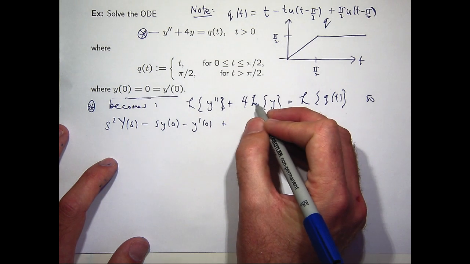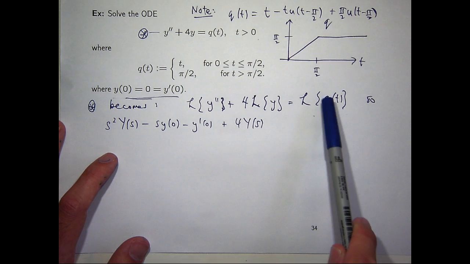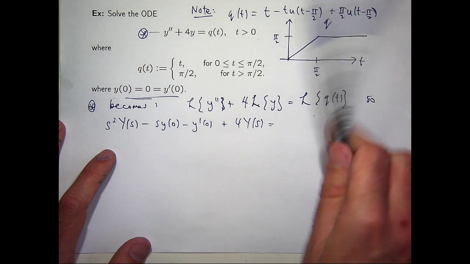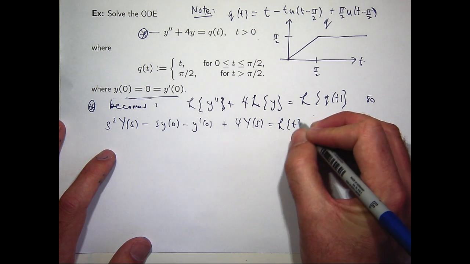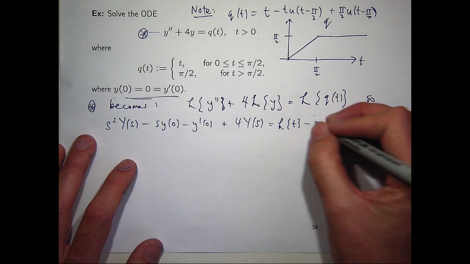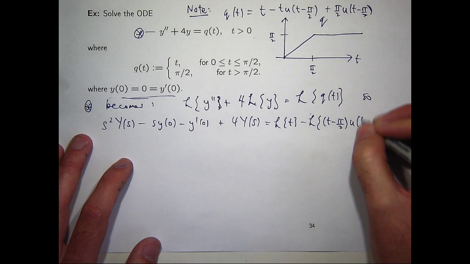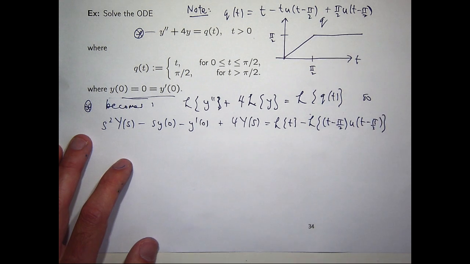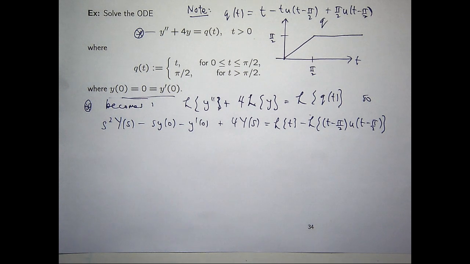Now, big L of y, that's just, in the S notation, is just this. And what about this? Well, let's simplify up here, take the common factor. You're going to get something like this. Okay, notice I've got a t minus pi on 2 and a t minus pi on 2. That's necessary for the second shifting theorem.